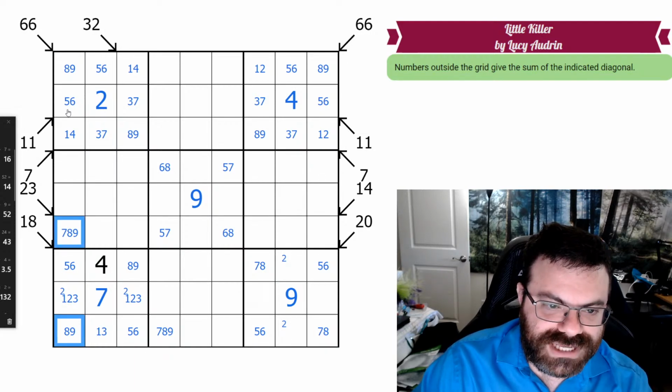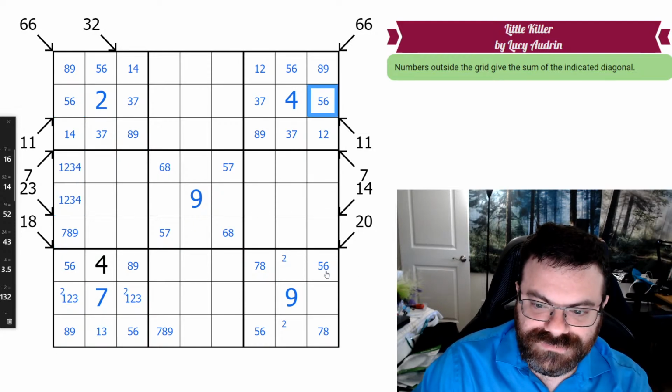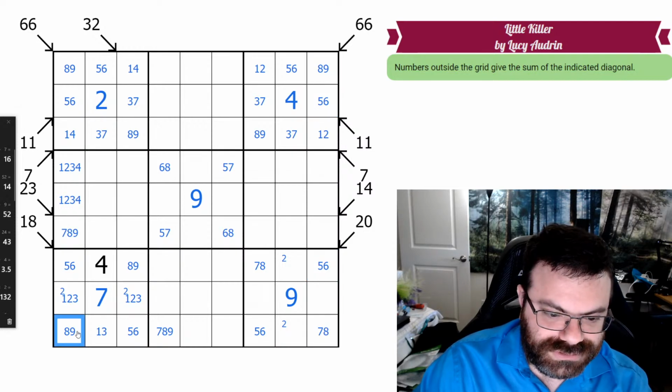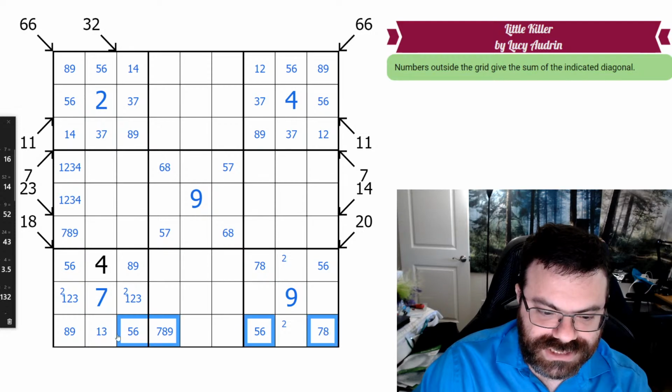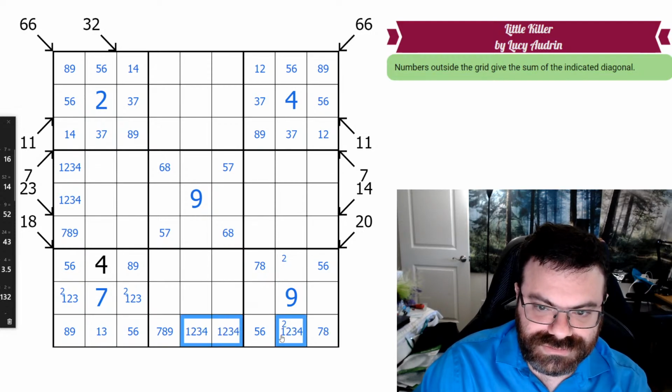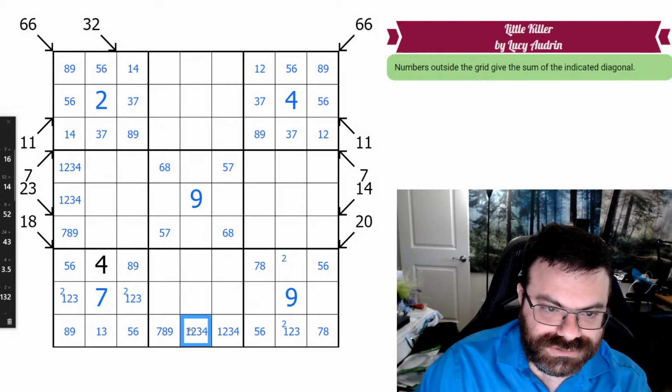So here we have 5, 6, 7, 8, 9. So these are from 1, 2, 3, 4. Here we have 5, 6, 7, 9. Wait, the same. Here we have 5, 6, 7, 8, 9. So these are from 1, 2, 3, 4. It's not 4.